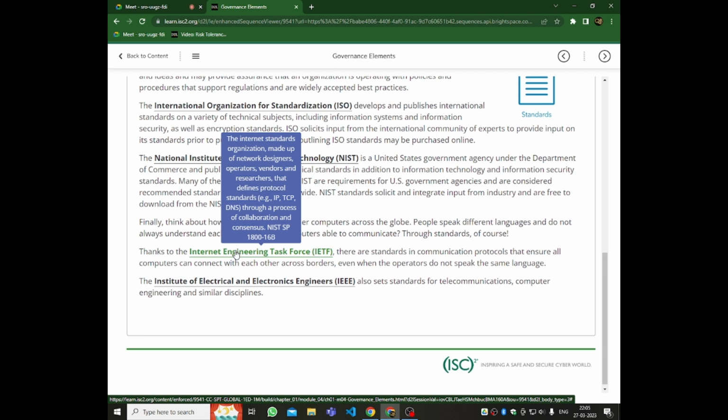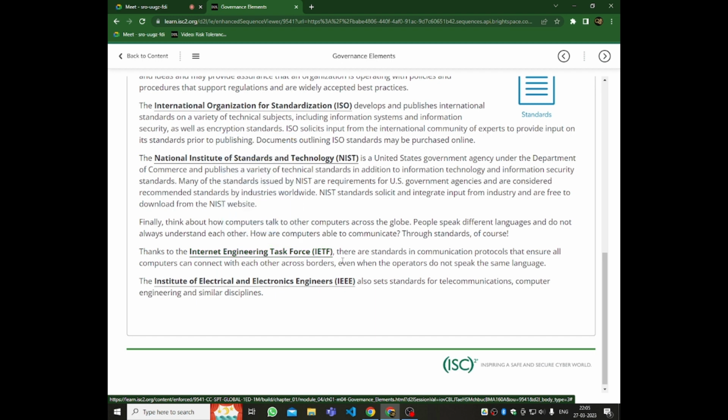Examples: IP, TCP, DNS. Through a process of collaboration and consensus, there are standards in communication protocols that ensure all computers can connect with each other across borders, even when the operators do not speak the same language.